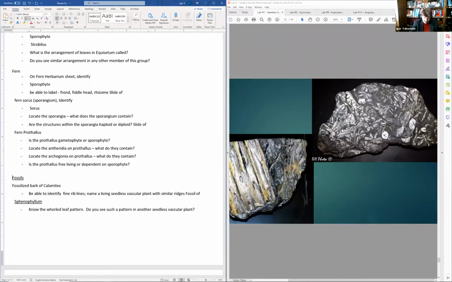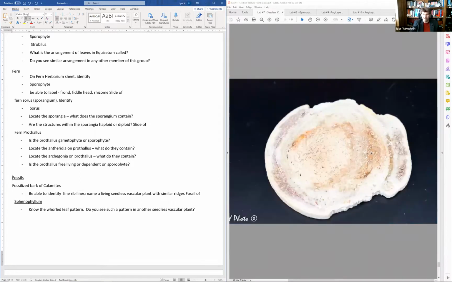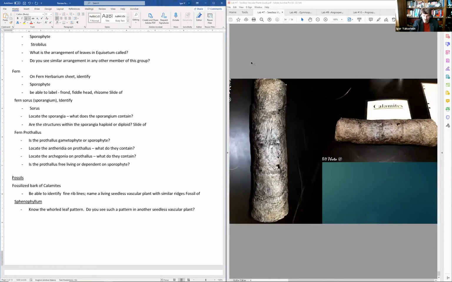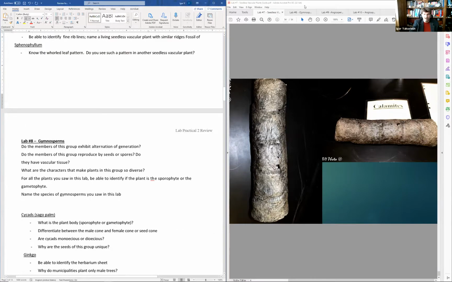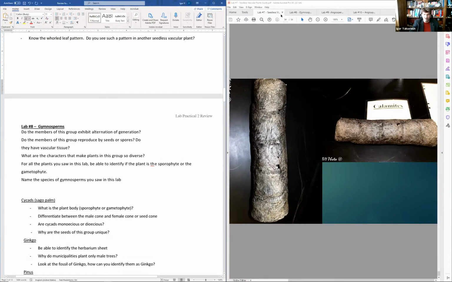You can clearly see the rib lines, and again we have the stem and several leaves coming out. That's the fern cross section, and here we're looking at the calamite, a horsetail-like plant from about 250 million years ago. All right, then I think we are finished with number 7.